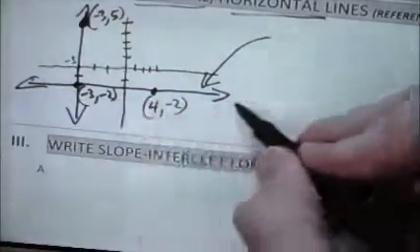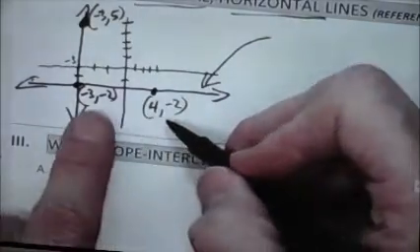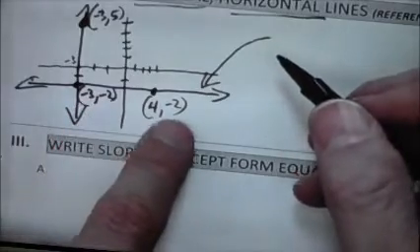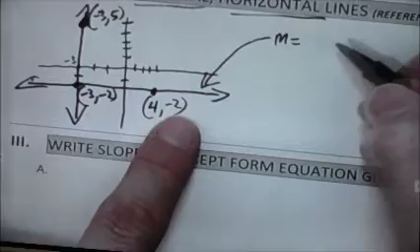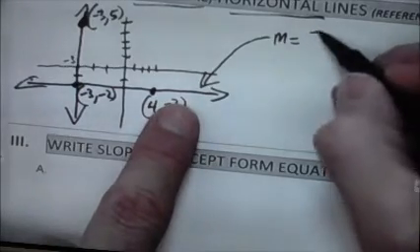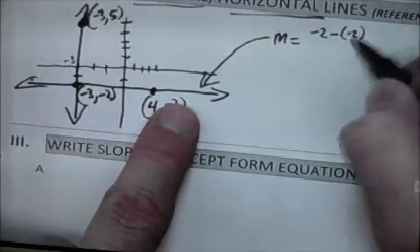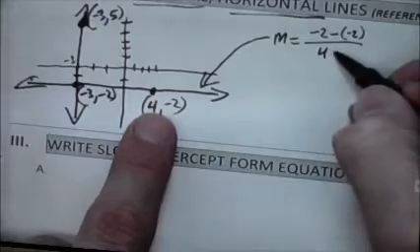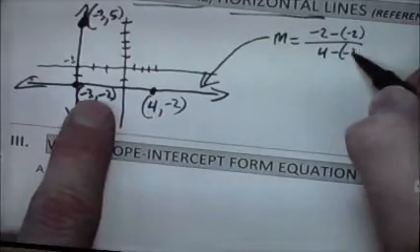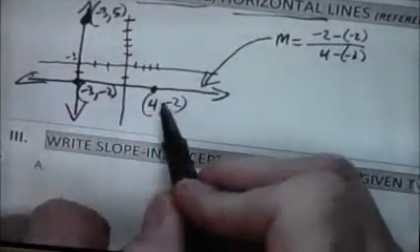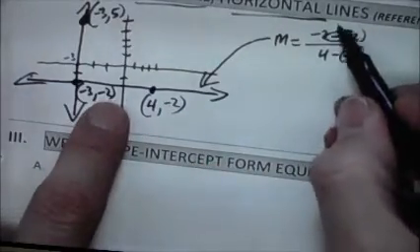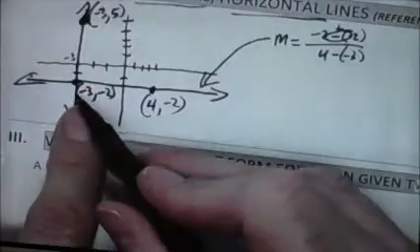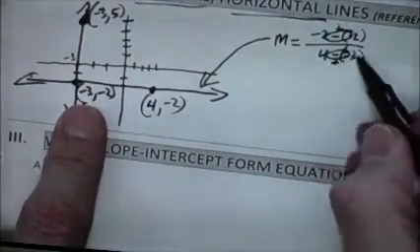This is a horizontal line, and I have 2 points, negative 3, negative 2, and 4, negative 2. So what I'm going to do, the slope is going to be a y minus the other y over x minus the other x.